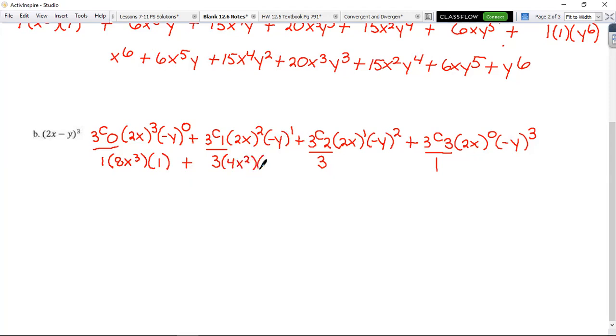Next term is just negative y. 2x to the first is just 2x to the first. A negative raised to an even power is positive y squared. Last, 2x to the 0 power is just 1, and a negative raised to an odd power remains negative.